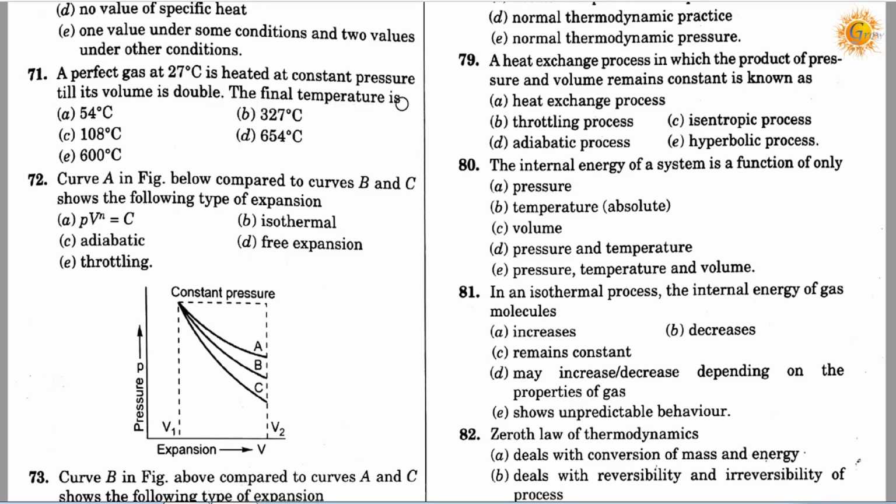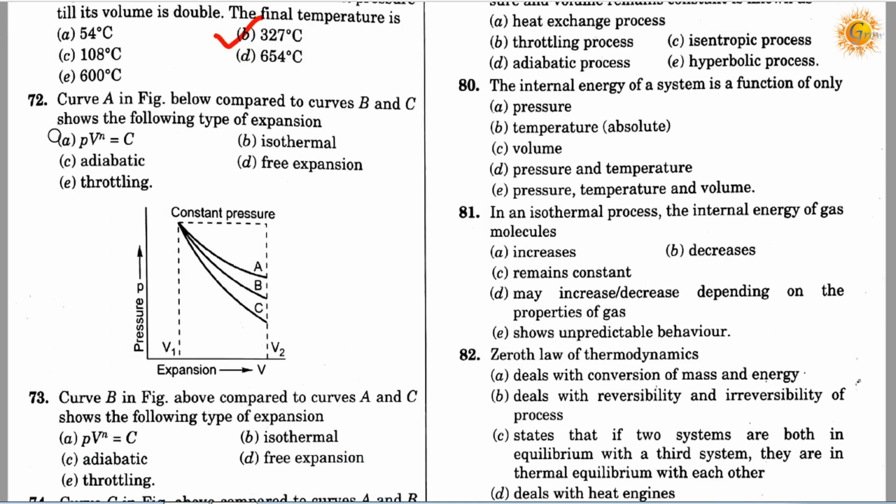The final temperature is option A 54 degrees centigrade, option B 727 degrees centigrade, option C 108 degrees centigrade, option D 654 degrees centigrade, option E 600 degrees centigrade. Correct answer is B, 327 degrees centigrade.